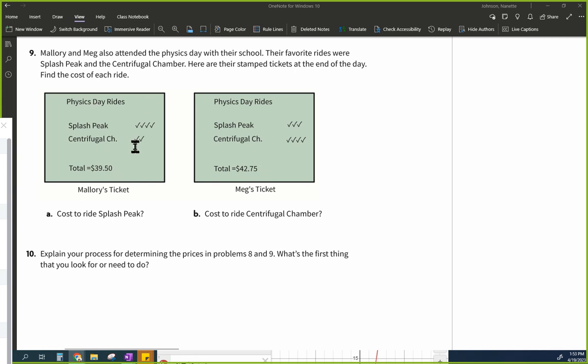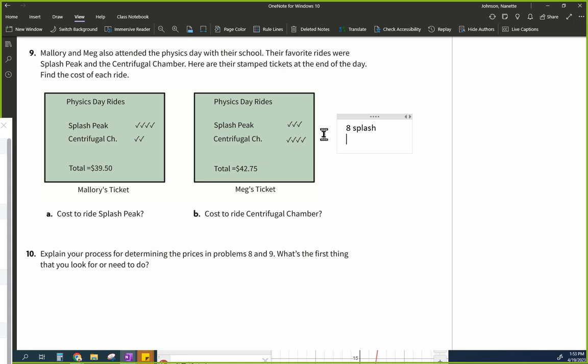One of the easiest ways to do this without using an actual system of equations, though if you use a system of equations, that's great, is this. My thinking was I wanted to get the number of either splash peaks to be the same or the number of centrifugal chambers to be the same. If I look at this 2 to 4, I can get 2 to 4, right? And when I do that, that means I rode the splash peak 8 times, so I'm going to write 8 splash peak.